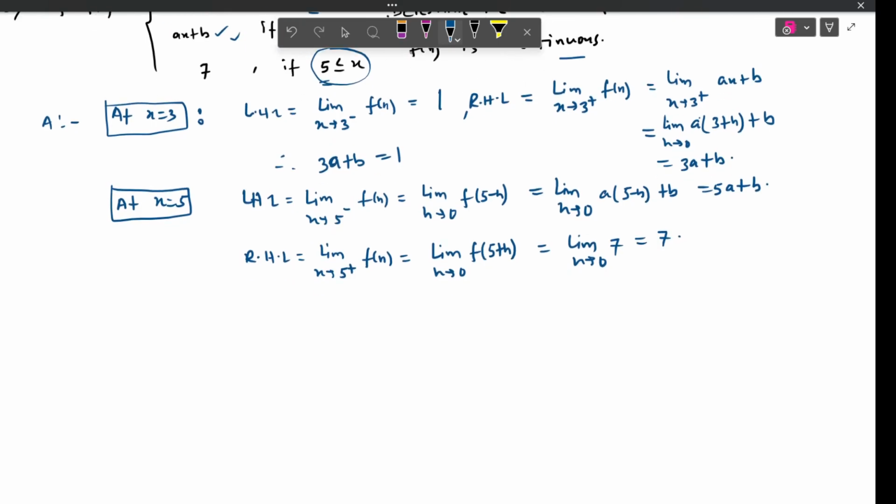And it is given that the function is continuous, that means 5a plus b is 7. Here it is your number 1 equation, and this is your number 2 equation. Solving these two equations, we will get a equals 3 and b equals -8.